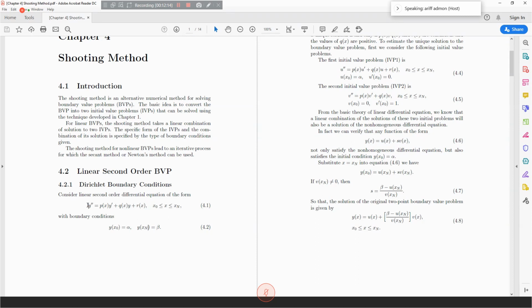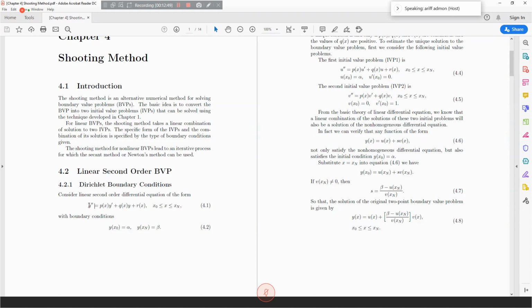Second order means that y double prime must exist. This term must appear in your equation. How about y prime and y? They do not necessarily have to exist here, but you need y double prime because this is second order. For the linear case, we have y, which is your dependent variable, its derivative y prime, and y double prime, each to the power of 1.